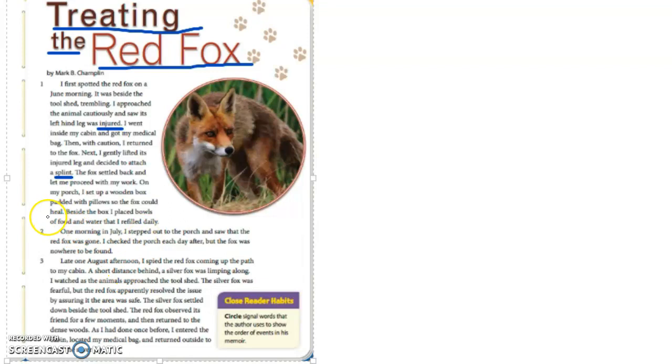And I see the word heal, and that tells me someone is trying to get better. Down here in paragraph 3, I also see the word medical bag. So using my context clues, I believe that treating the red fox was not giving them something sweet or nice, but helping them when they were injured.